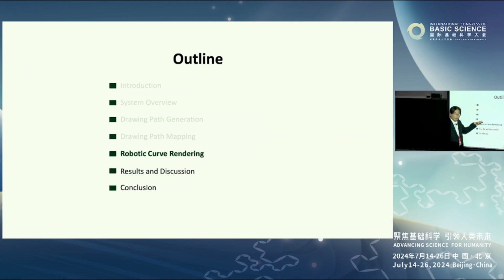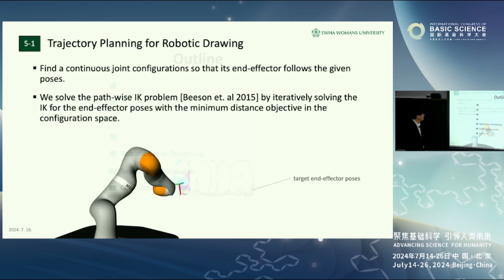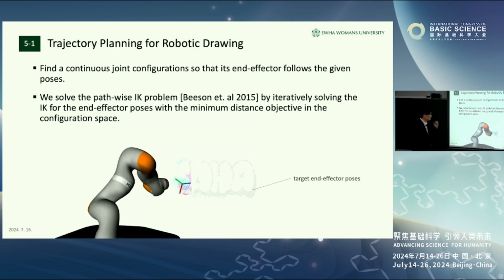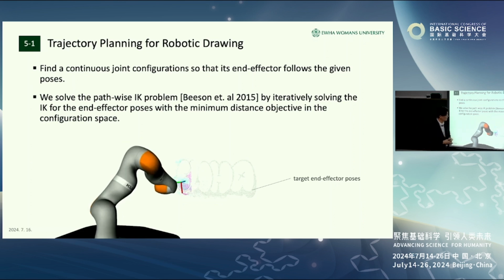So far, we create the 2D drawing and map it to 3D. Now the next step is you have to use a robot to actually realize the drawing. That's robotic curve rendering. To tackle this problem, this is actually a trajectory planning problem for a robot arm. So we have a 3D path on the target geometry.